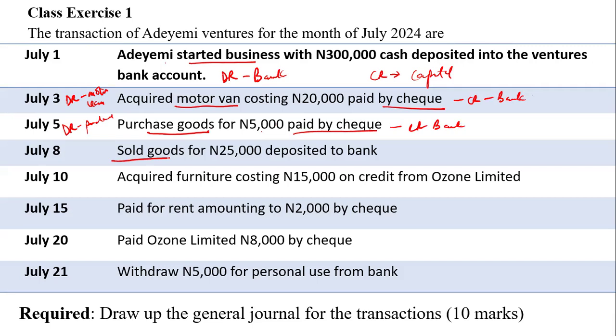What do we do here with sales? Go back to our matrix and also our bank. We credit our sales account and we debit our bank. You see that it's different from what we have done up here. Here, 15,000 from Ozone, we are buying an asset. Debit on your account.